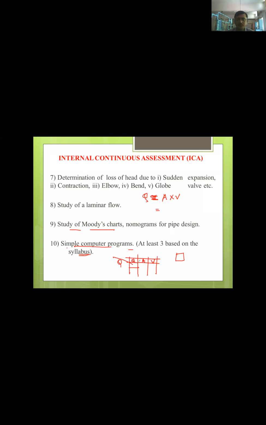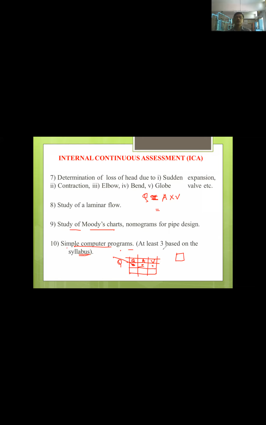Okay, what will be the formula to this cell? The formula will be the cell number of this particular column, and this is the cell number. That's a multiplication, right? And if we put the value of area and velocity directly, you will get the discharge here. Okay, so this is a simple example I have given to you.